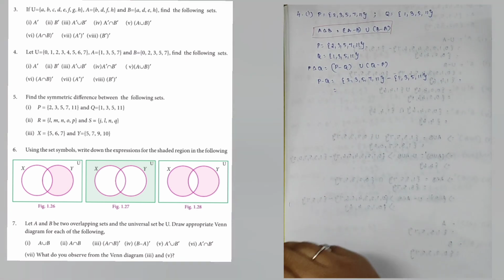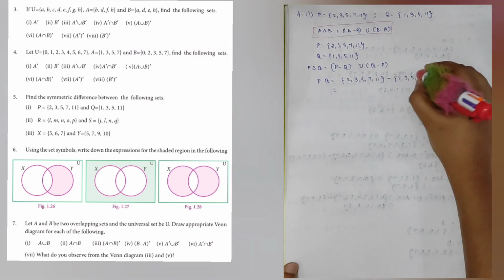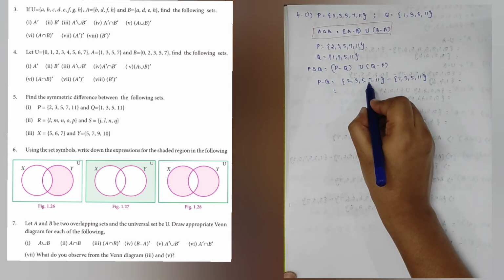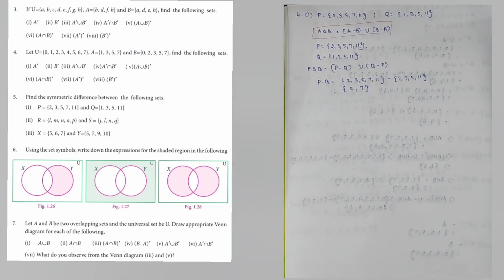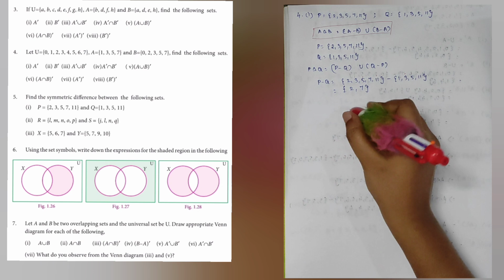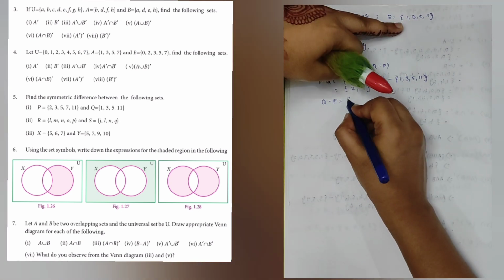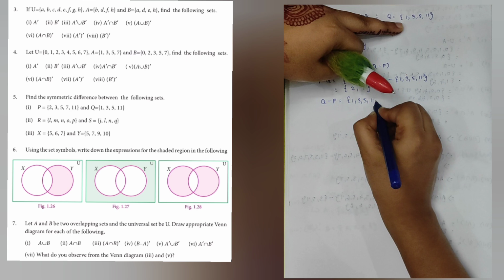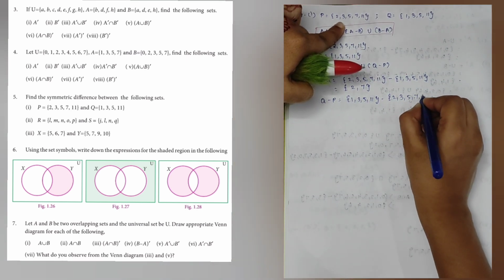Now mark the common elements. 3 is common, 5 is common, 11 is common. Now list out the uncommon elements of the first set, that is 2 and 7. Okay. Now do it for Q minus P. So Q minus P is equal to 1, 3, 5, 11 minus 2, 3, 5, 7, 11.